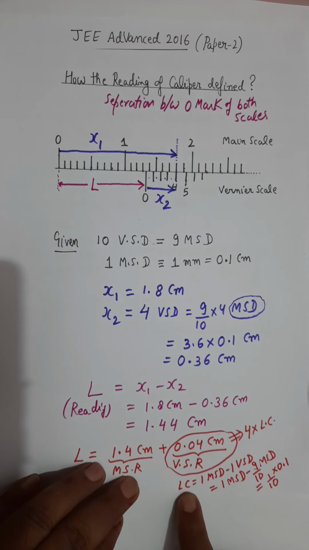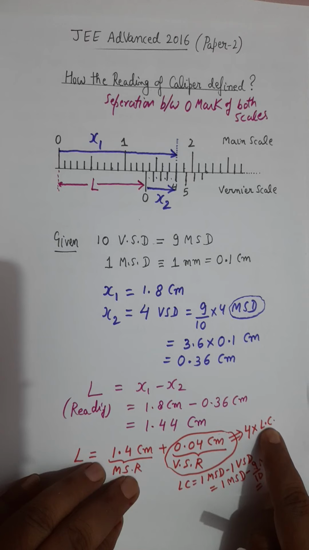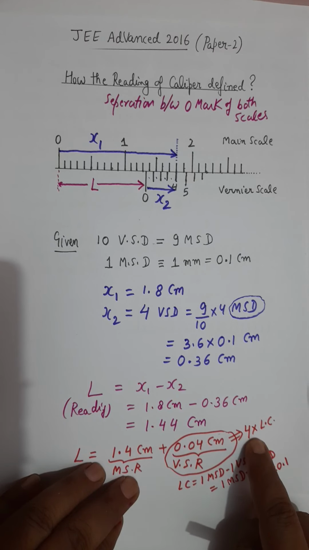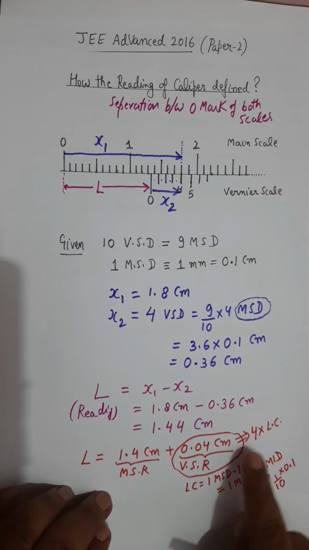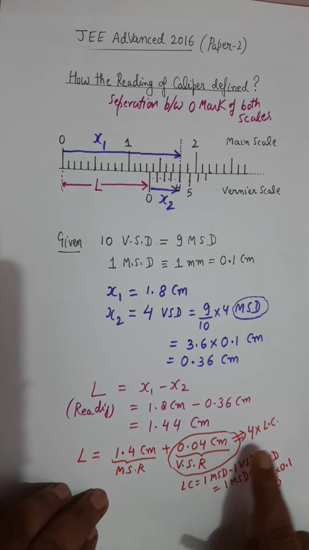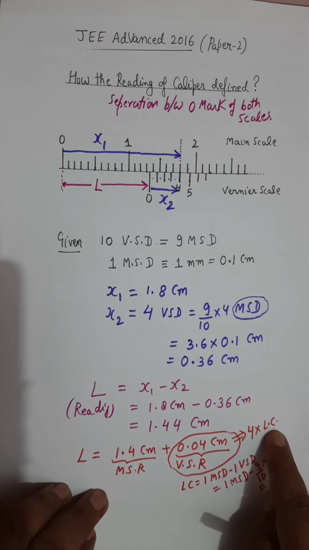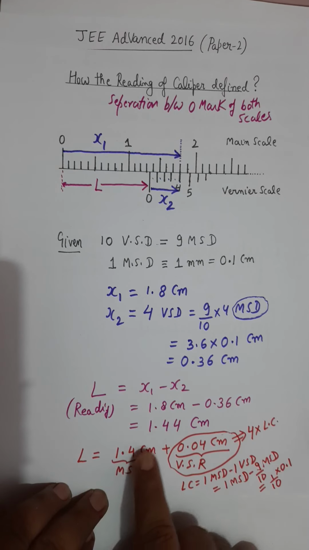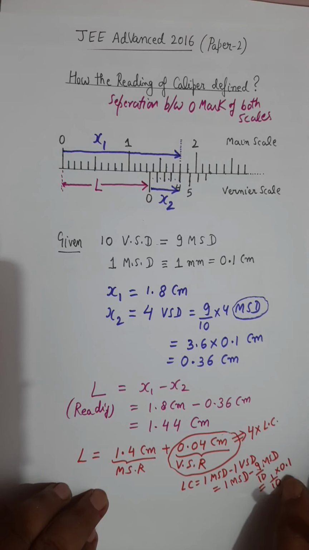When you multiply 0.01 by 4, you get 0.04, which they define as the Vernier scale reading, and when we add 0.04 to 1.4, you get the same number, 1.44.